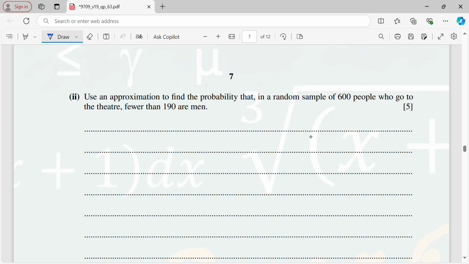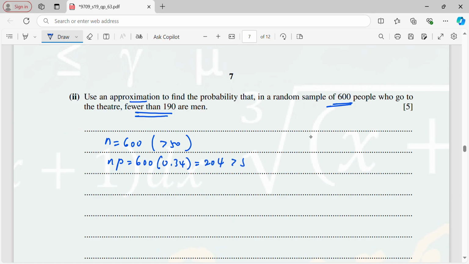Now part 2, use an approximation to find the probability that in a sample of 600 people who go to the theater, fewer than 190 are men. So it means now n is 600. Okay, so when n is 600, greater than 50, then now your np is 600 times 0.34. Then I'm getting 204.